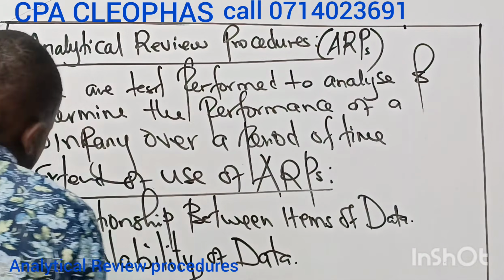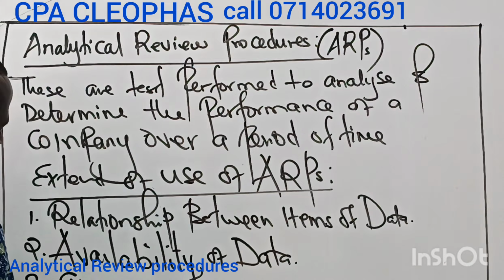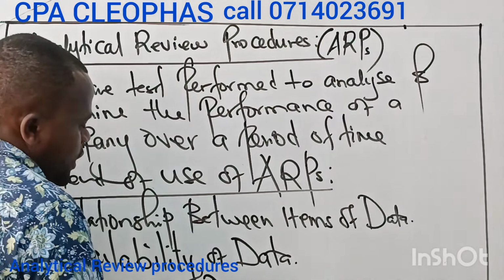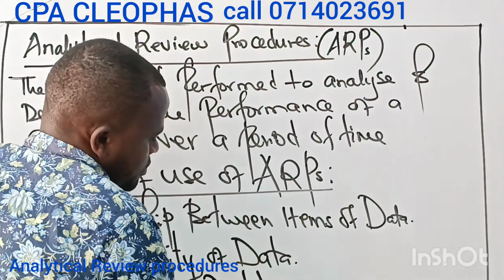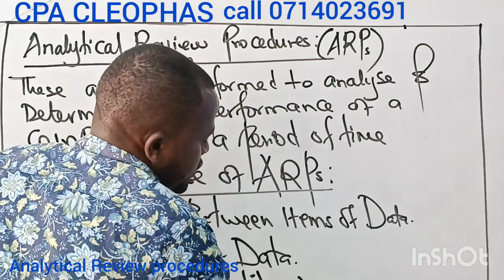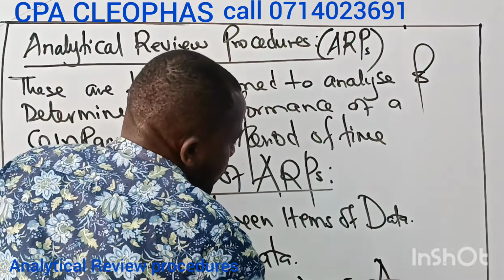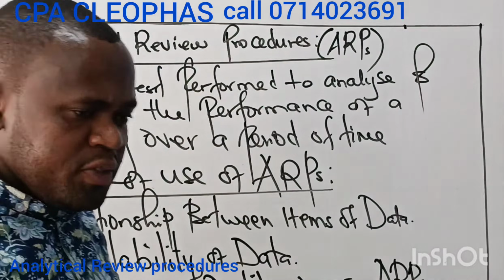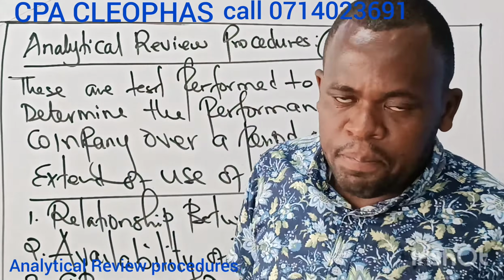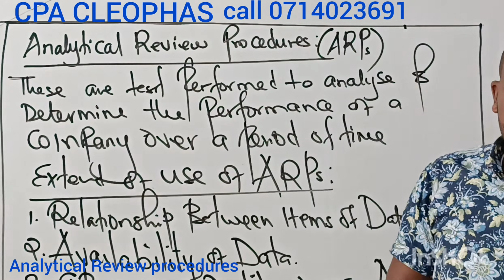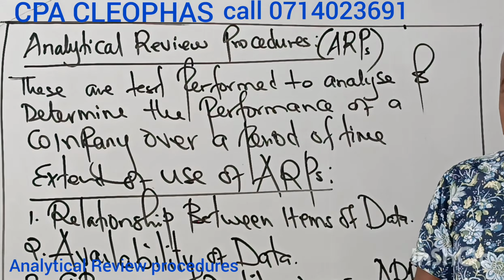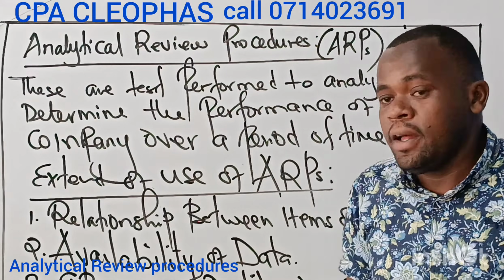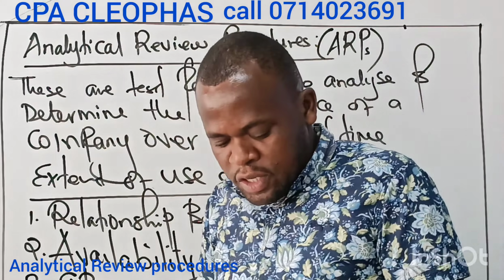And number three is experience of the auditor in using ARPs. If you do not have experience in auditing the company, or in the use of analytical review procedures, there is no way you can apply them. So that is another reason.